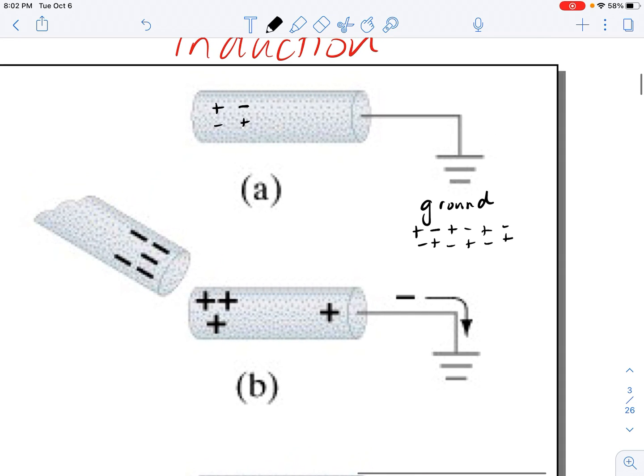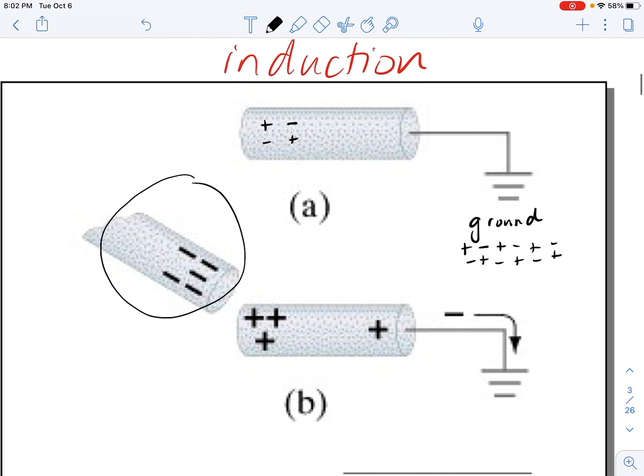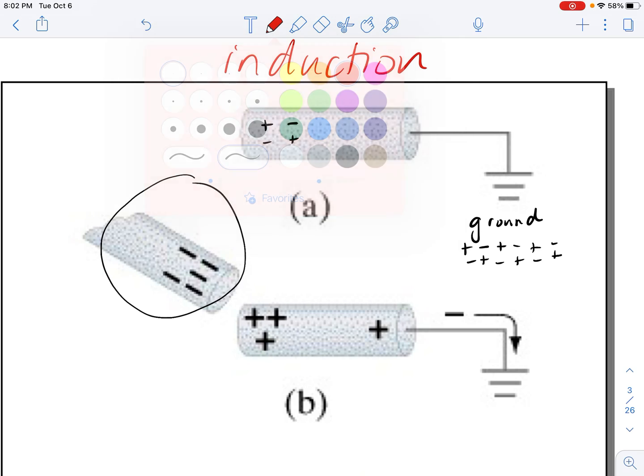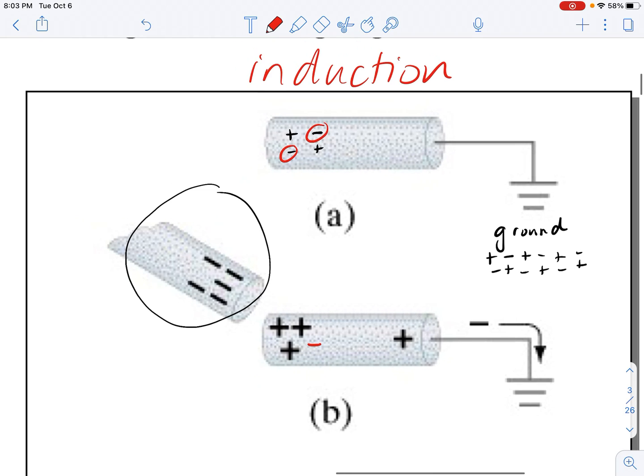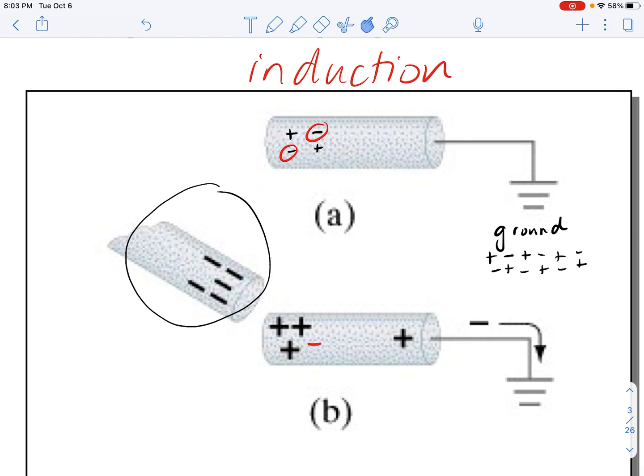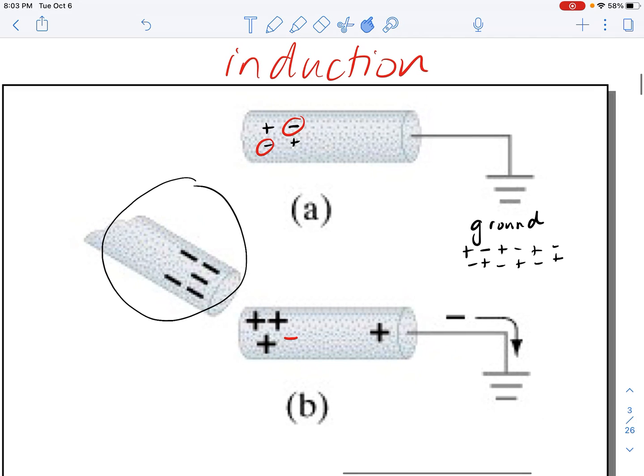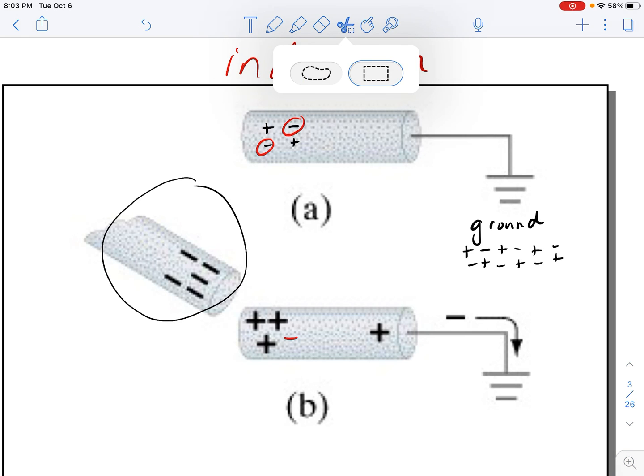So now what happens is if I bring a negatively charged rod near, then the electrons that were formerly spread out are going to be repelled. Let's see if I can animate this a little bit.